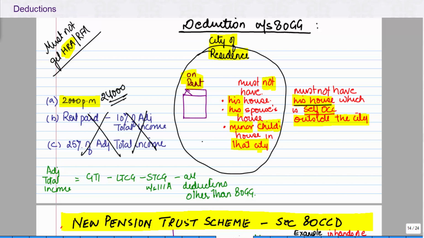Then 80TTA. Now 80TTA is for interest on savings account. So I'm going to make a chart for interest. I think this chart will be important for the attempt this time. So we now have interest on bank FDs. We now have interest on recurring deposits.